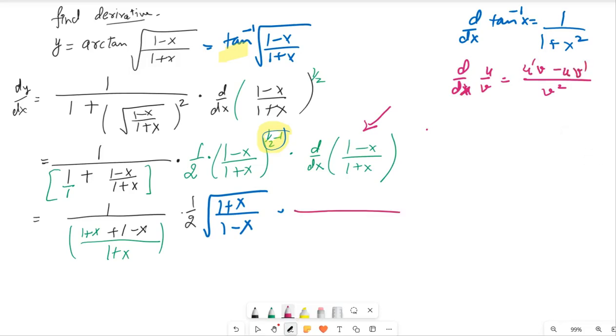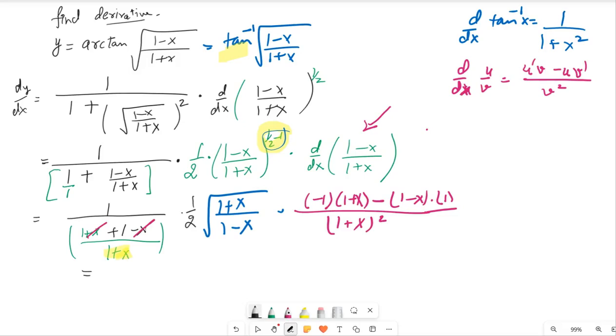So let's use that: 1 plus x whole squared. The derivative of the numerator is negative 1 times the denominator as is, minus the numerator as is times the derivative of the denominator. This will come up front and this cancels.